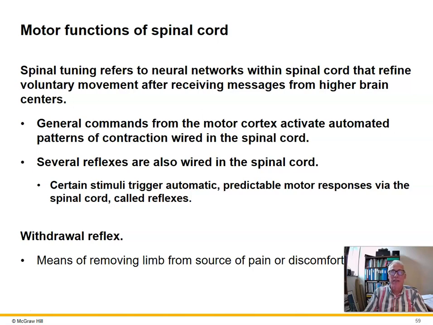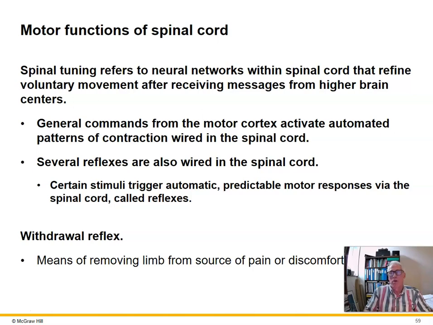The spinal cord contains some wired-in or built-in pattern generators that are called for motor function. In other words, the motor cortex, we said, sends instructions down the spinal cord by way of its neuron axons, but it doesn't have to discretely control every single muscle in succession to operate the musculoskeletal system.